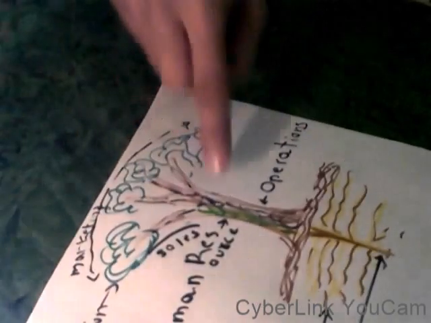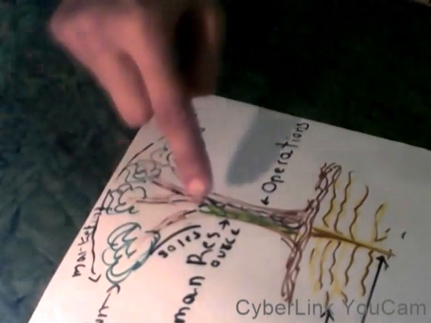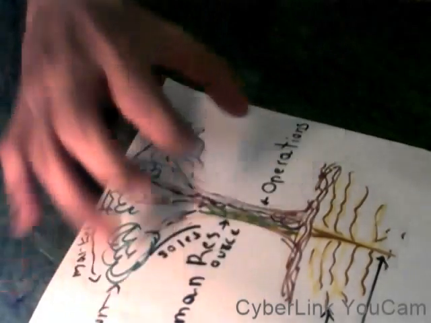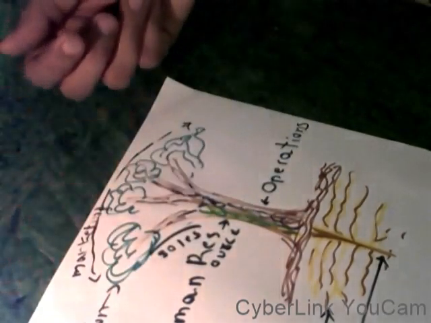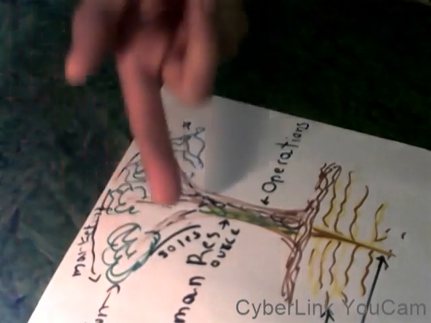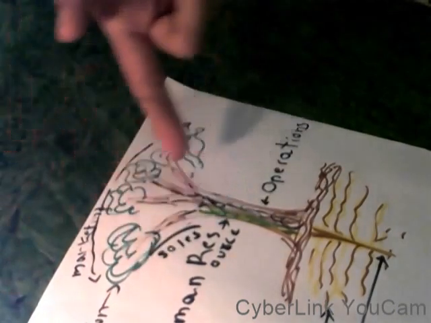And then there are branches. Branches are the expansion of your business. So how does expansion happen? Expansion happens through sales. So this is your sales department.